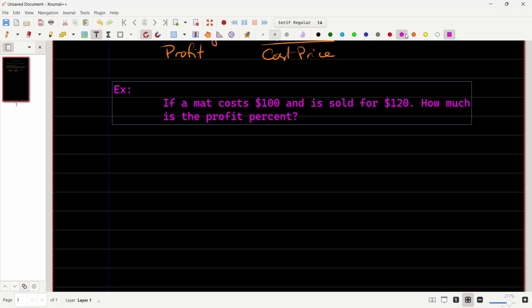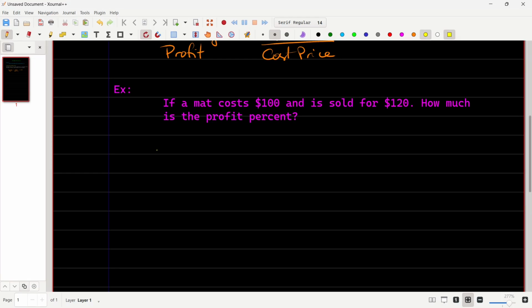Very simple question to answer. The first thing you need to do is figure out your profit. The profit, as we already know, is your selling price minus your cost price. Your selling price is $120 minus your cost price, which is $100, and that will give you a profit of $20.